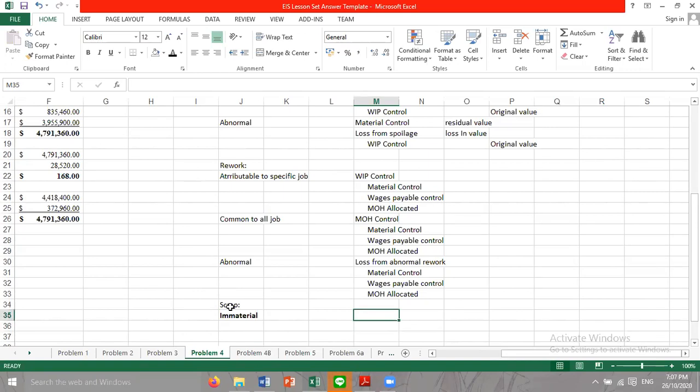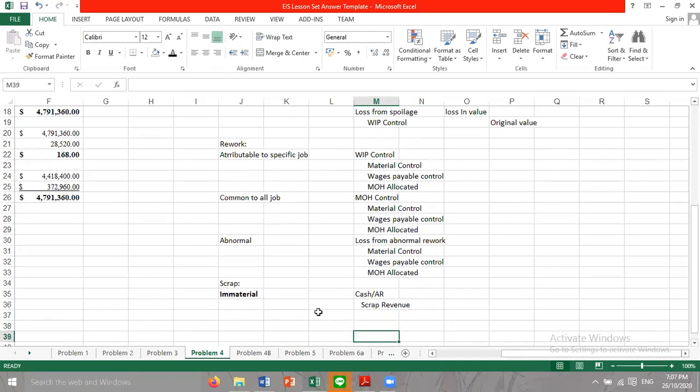Since it's immaterial, we don't really pay attention to it. When it's sold, the journal is cash or AR to scrap revenue. Easy enough, pretty straightforward. We acknowledge revenue and we gain cash. If it's immaterial, we only recognize scrap at the time of sale, and we don't even need to care about it when it's stored.